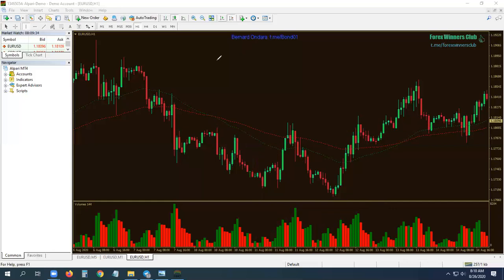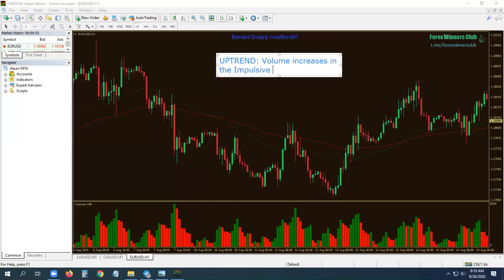When you say uptrend, volume increases in the impulsive wave, up, and it decreases in the corrective wave, the wave that is going down.